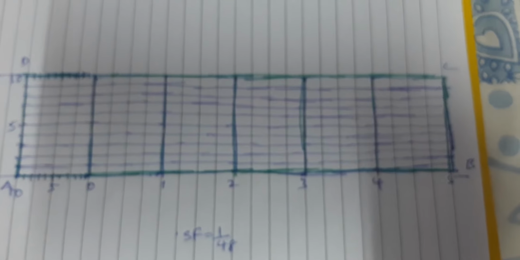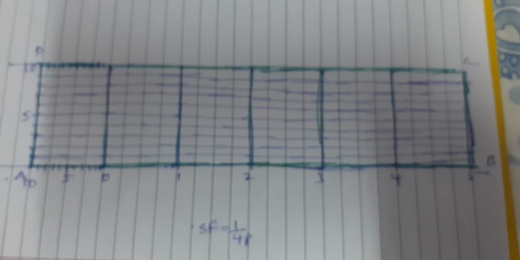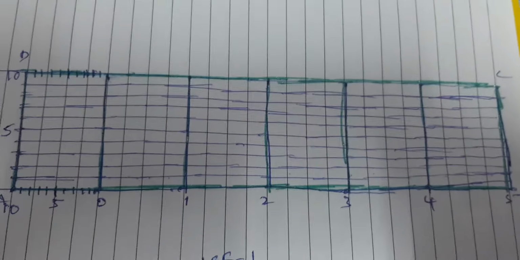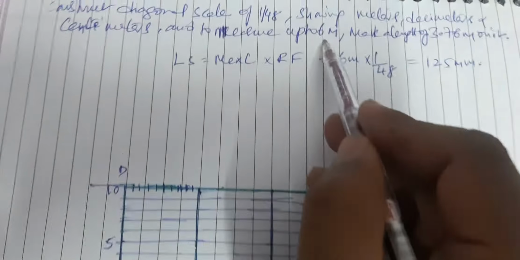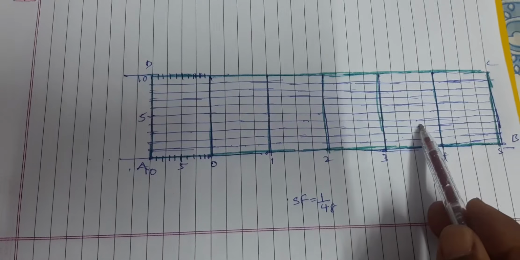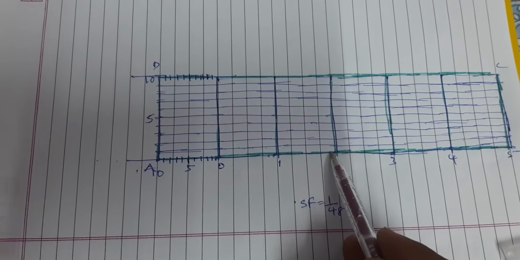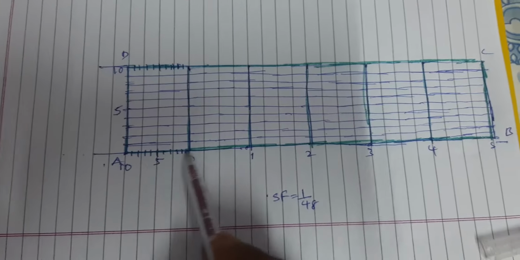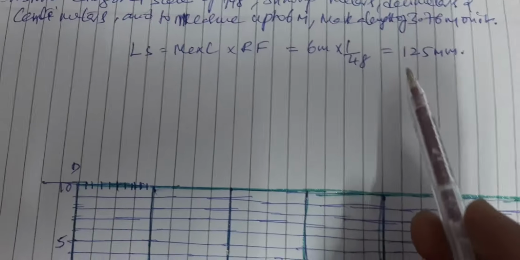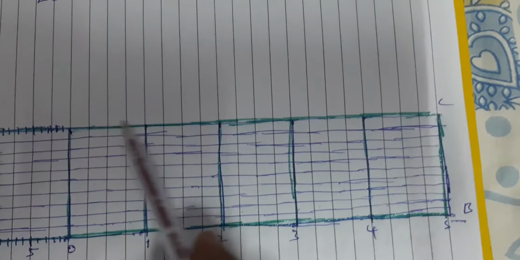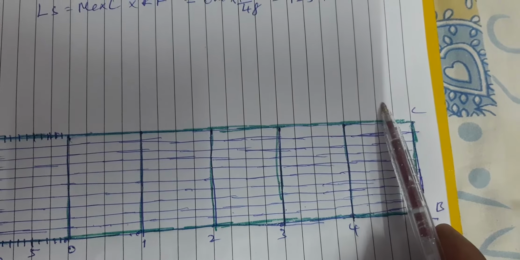After constructing the rectangle like this, as it is used to measure a maximum length of 6 meters, we need to divide the rectangle into 6 divisions. First, draw the length as 125 mm and height equal to 50 mm, and the top length is also 125 mm.